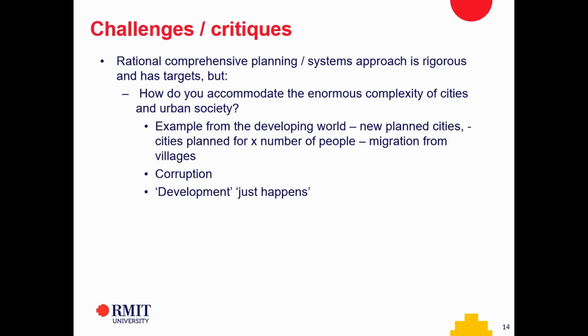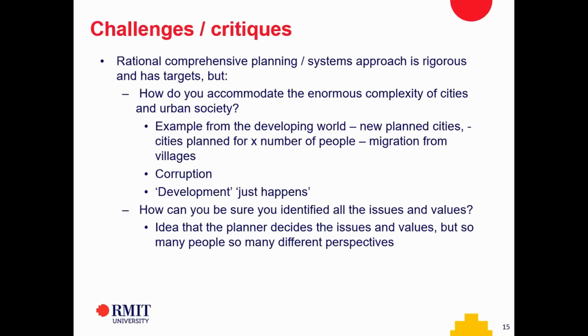And again, using the example from the developing world, you have a very large number of people, for a number of reasons, moving from rural areas to city areas very, very rapidly. And therefore, planning systems can't keep up with such a rapid movement of people to cities. So these are some of the criticisms that have been made of the rational comprehensive planning systems approach, which was really the main paradigm in planning application right up until about the 1960s.